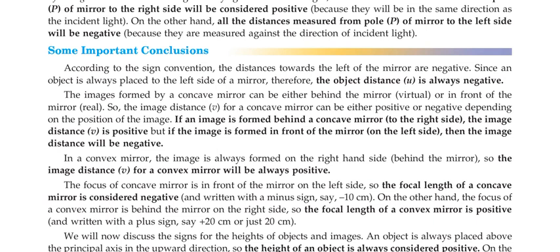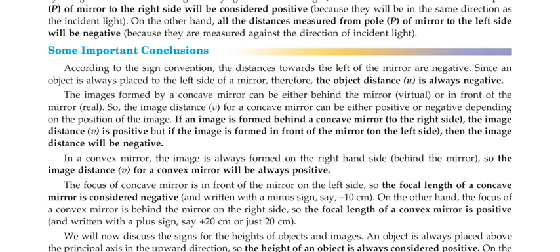The next conclusion: what about the principal focus of a concave mirror? Is it on the left hand side or the right hand side? The principal focus of a concave mirror lies in front of the mirror, so it is on the left hand side. Therefore, the focal length of a concave mirror is always considered negative.